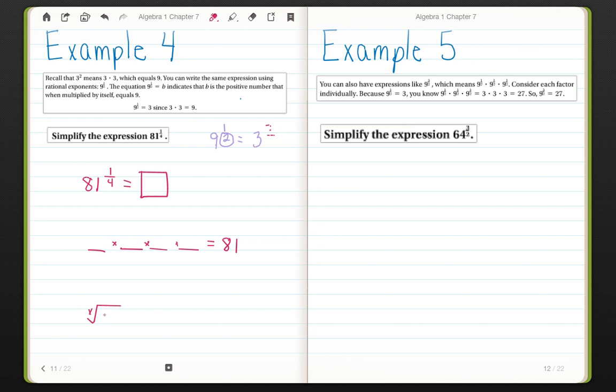Okay, it is a second function. So if you type in 4 and then that button, that's an x, and then 81, it will tell you what the 4th root of 81 is. And I will tell you that the 4th root is 3. Because 3 times 3 is 9. 9 times 3 is 27. And 27 times 3 is 81.